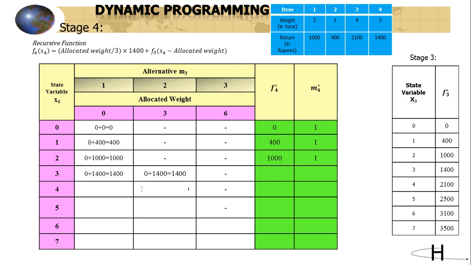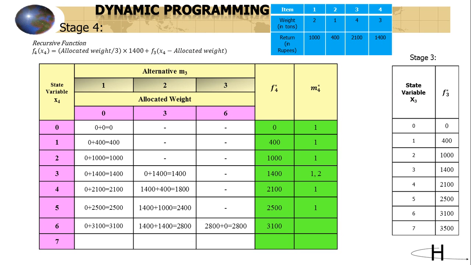The procedure to obtain these values is the same as that I have explained in stage 1, 2 and 3. So the best recursive function values obtained are 0, 400, 1000, 1400, 2100, 2500, 3100 and 3500.